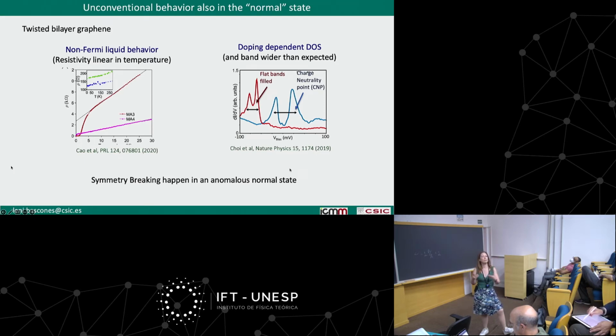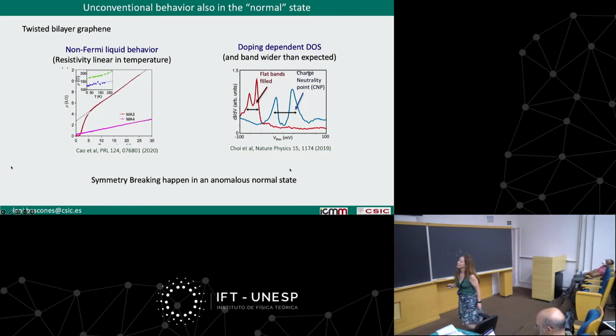This is what we normally in the field of correlated electrons say is a strange metal. Also, they have observed that the density of states changes with doping, which is something that you don't expect if correlations are not very strong. So really, there are a lot of different effects that are observed in this system, and the field is really growing constantly. We are getting new and new different effects and states.